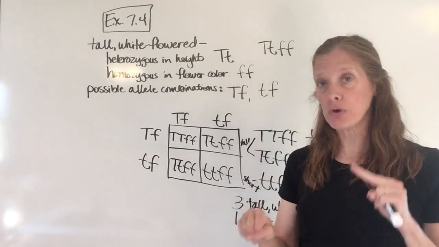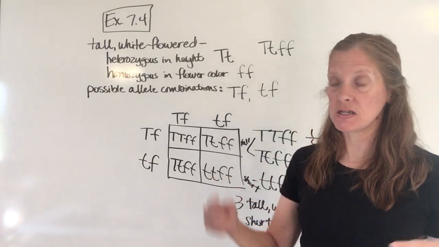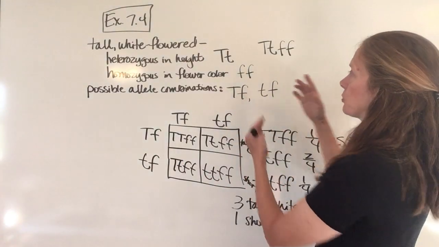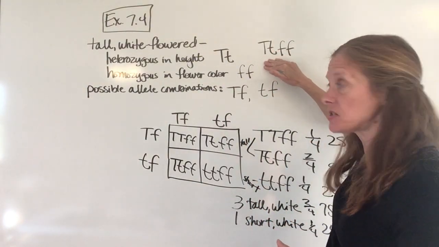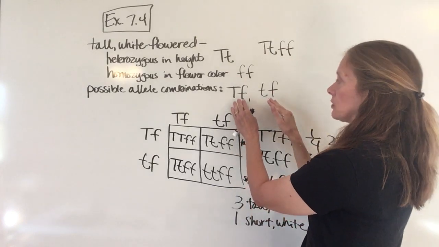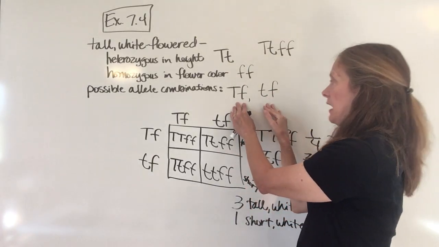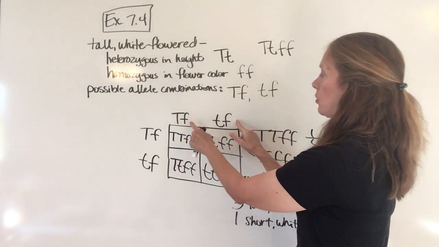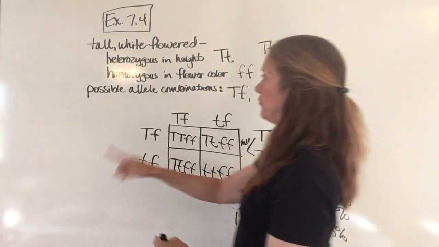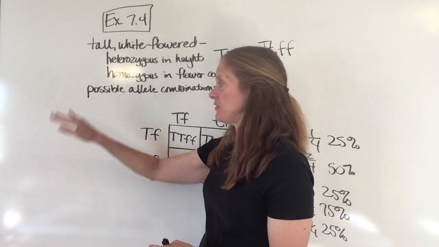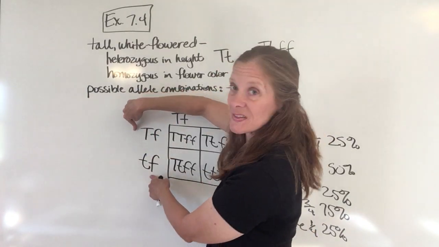If you have 2 different parents, then you're going to do this in 2 different processes where you're going to figure out the genotype for each parent. You're going to figure out the possible allele combinations for each parent, and then those allele combinations go on the top. And then again, if you had a second one, you would find the genotype, you would find the allele combinations, and then those would go on the side.